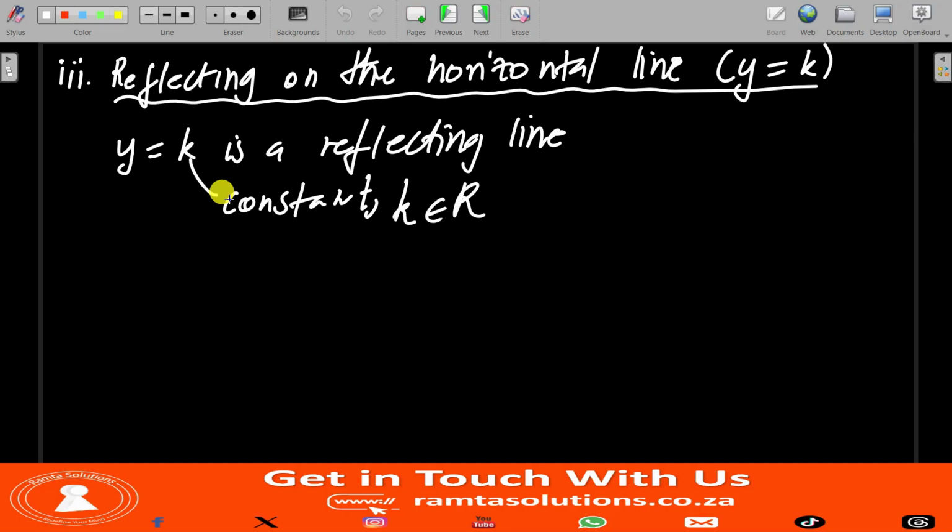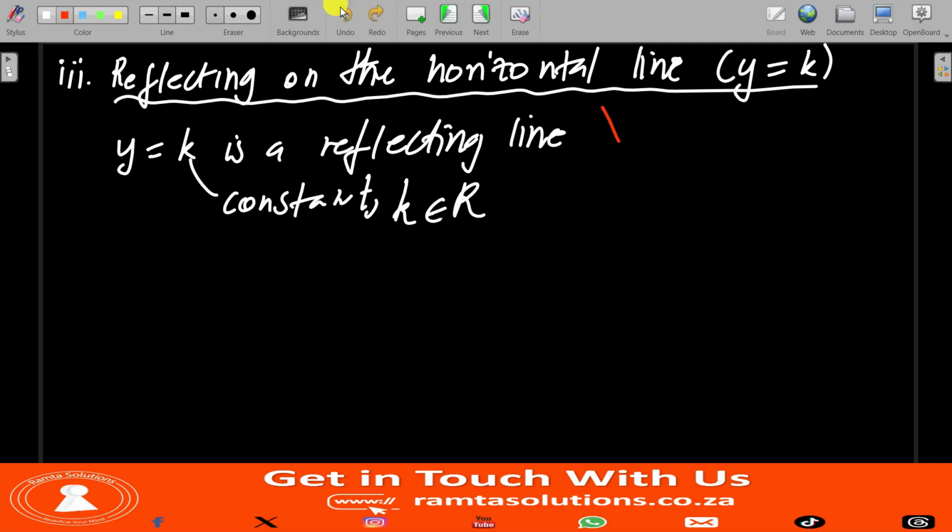So this tells us that we have to consider, if you recall, when we're reflecting on the x-axis, let me just add a simple remark here.